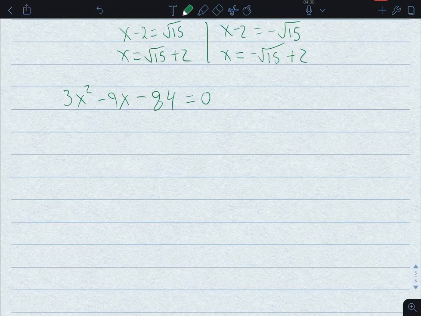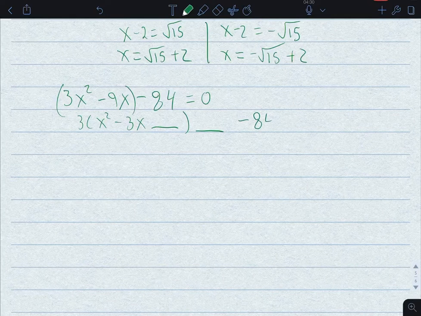I picked this problem purposefully. 3 is the greatest common factor between these numbers, or at least it's very obvious that 3 is in common between these two numbers. So since there's a 3 in common to 3 and 9, we're going to factor that out. 3x squared minus 3x, leave a blank, close the parentheses, leave a blank, minus 84 equals 0.